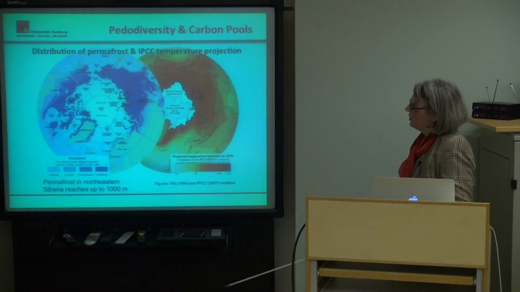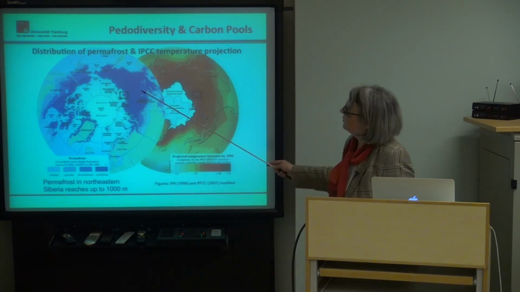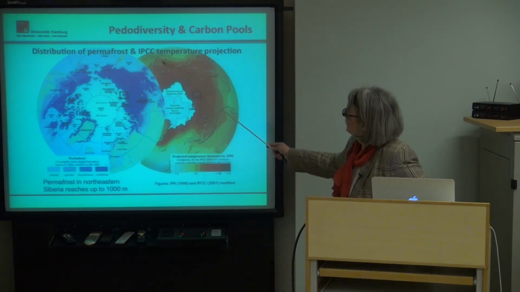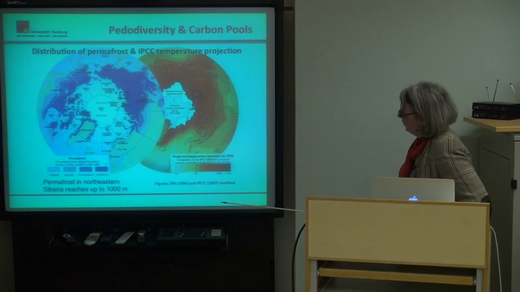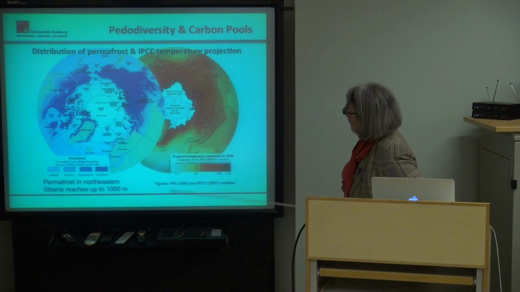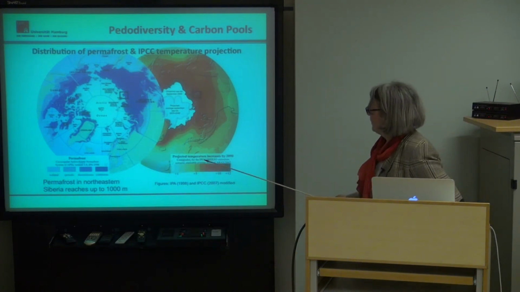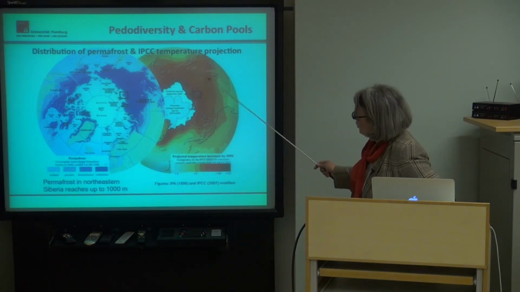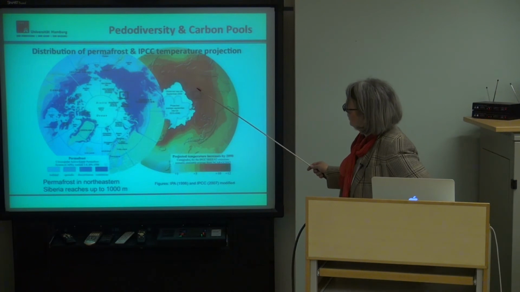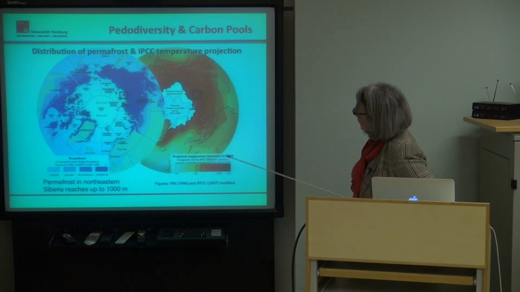And why this question is important: many people who work on permafrost and look at the distribution, and also the Intergovernmental Panel on Climate Change indicate with all their publications that especially in the area of the high Arctic and also in Russia a distinct increase of the air temperature, and also of the permafrost temperature, is expected up to the year 2090.